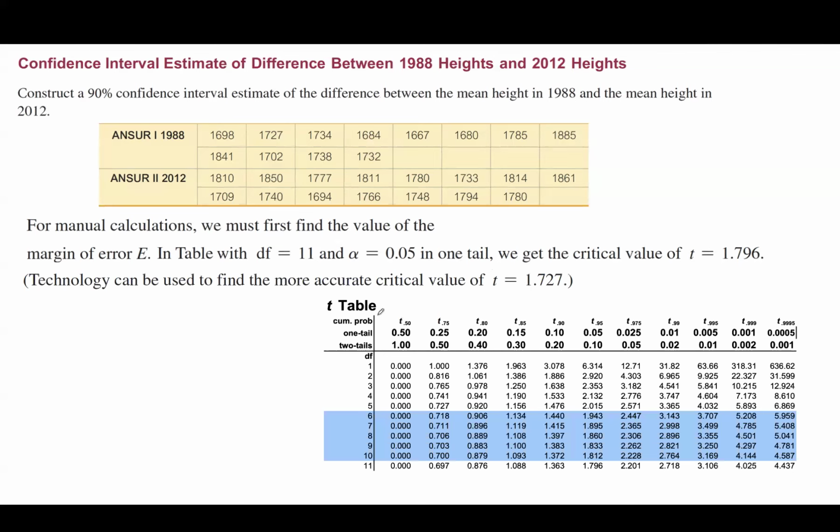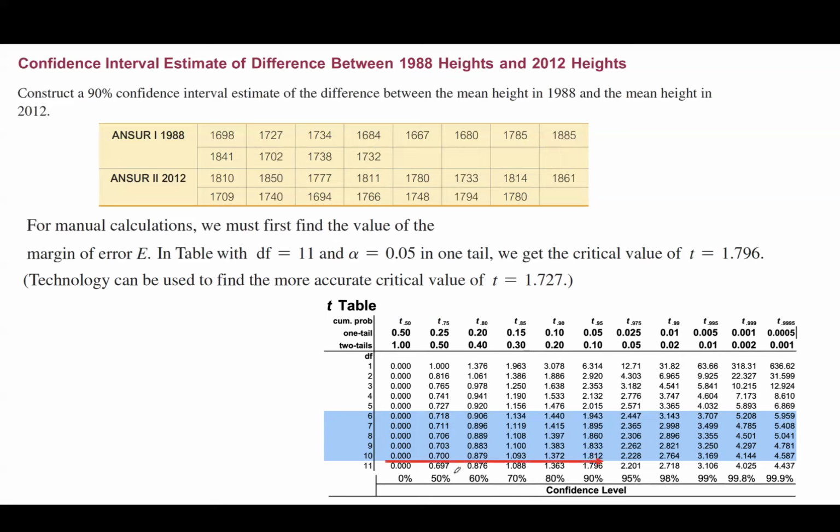Remember our t-table. When the degrees of freedom is equal to 11, we are looking at this line. And please note that since we are constructing a 90% confidence interval, the area on one of the tails is going to be just 5%.